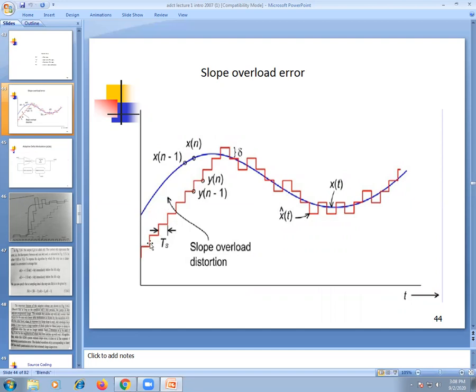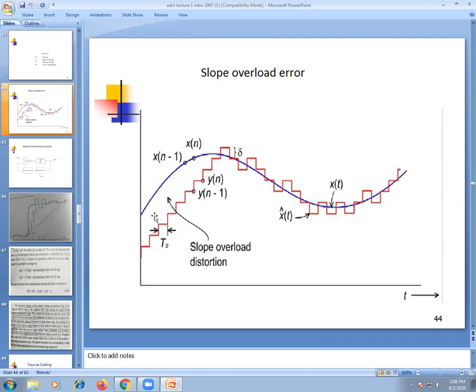To reach the M of t signal, steps are generated: at this step M of t is greater, so another step is produced, and again M of t is greater, so another step. Likewise, these steps are generated to reach the M of t signal. While reaching it, the gap between M of t and the approximated signal M cap of t is large, so a slope is generated.